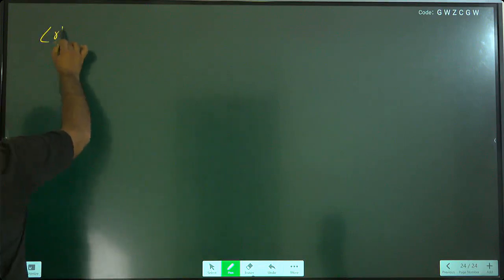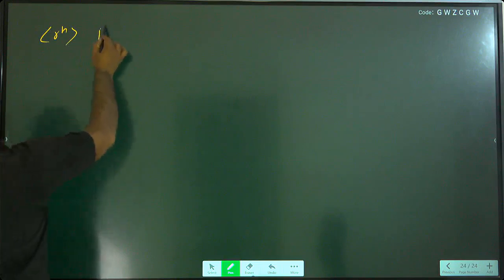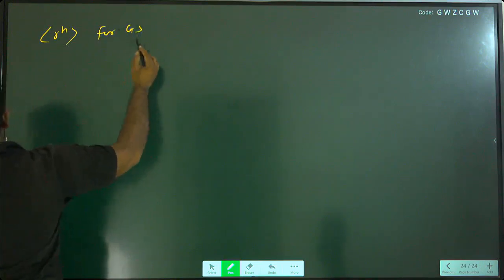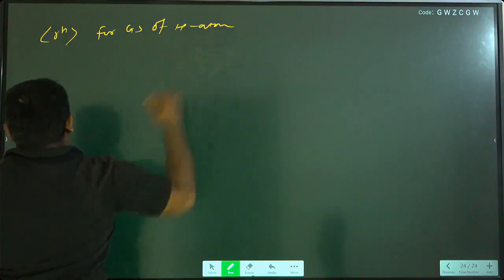Look, how to find out the expression of r to the power n? For the ground state of H atom. Okay.